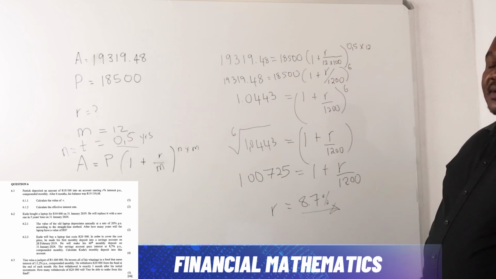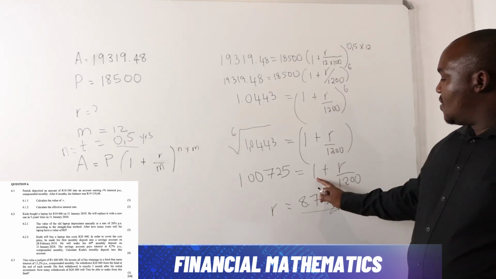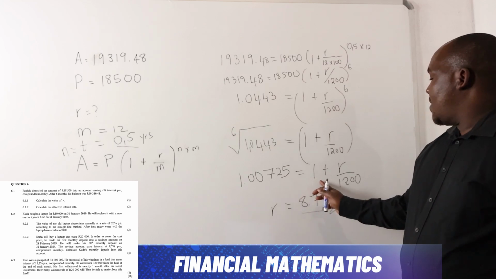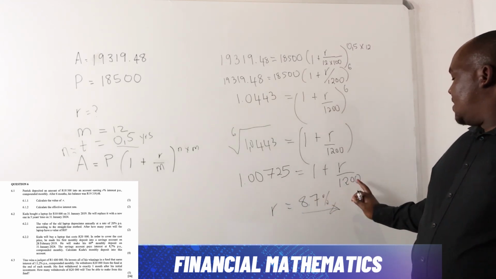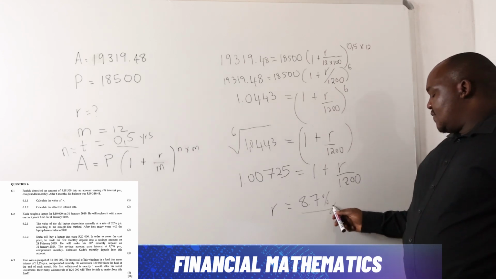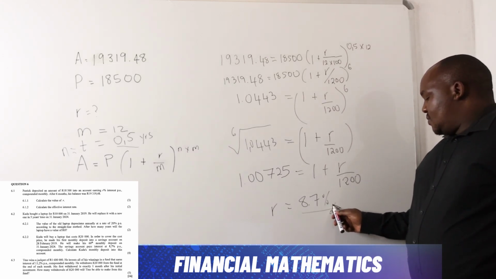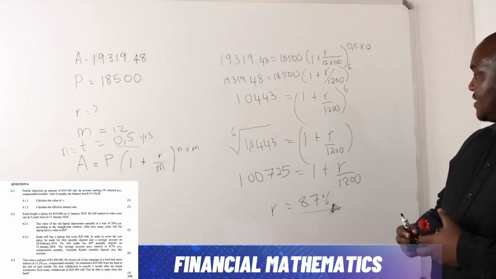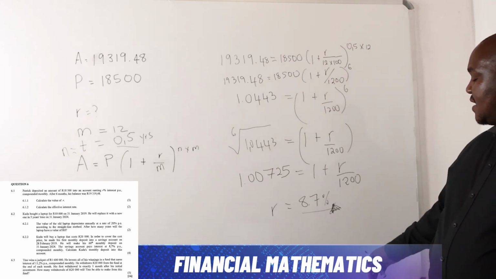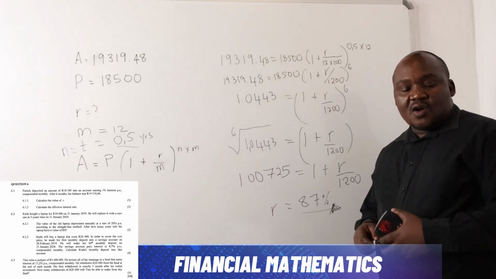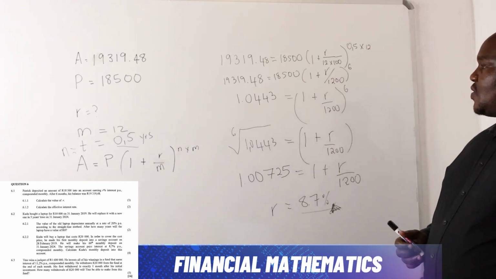I'm sure it might be confusing for everyone, but I took the 1 to this side: 1.00725 minus 1, then you are left with this value. You multiply by 1200 and you get the value of 8.7. And this is our final answer for R. And we are going to tackle the next question.